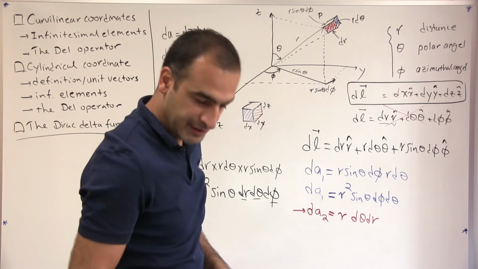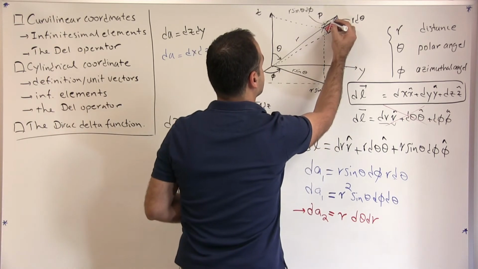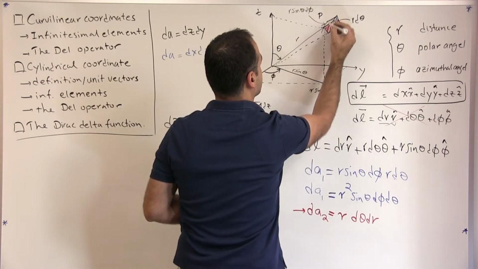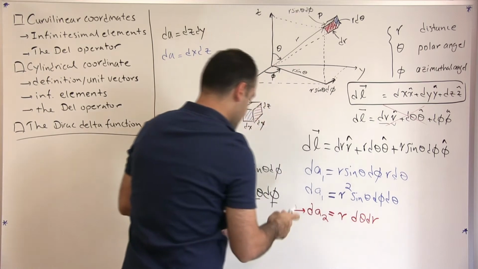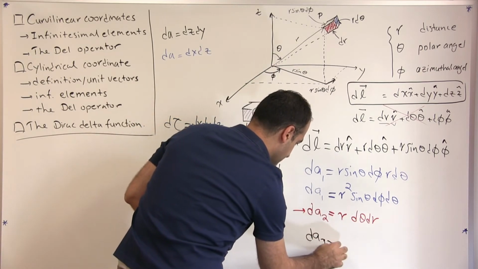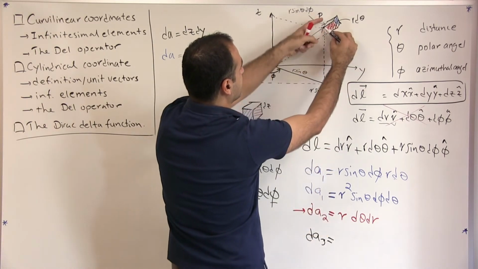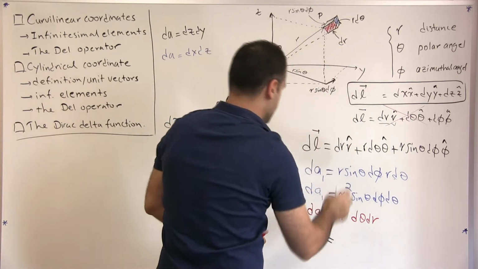Another area could be right on the top of this, where theta is kept constant. On the top, I'm going to write that with black, dA3. From one side, we have dr. From the other side, we have r sine theta d phi.